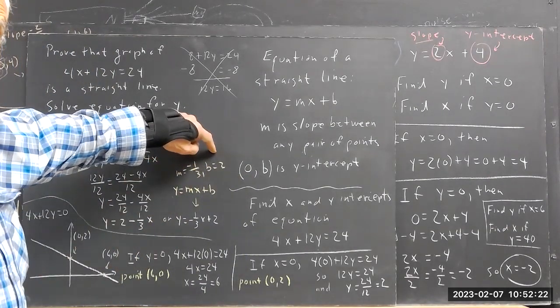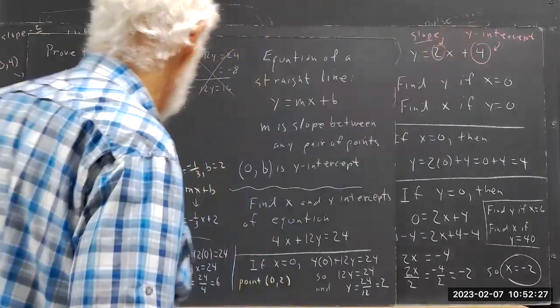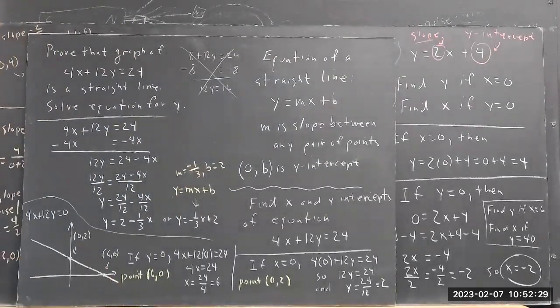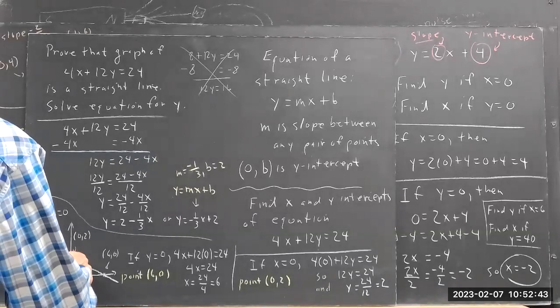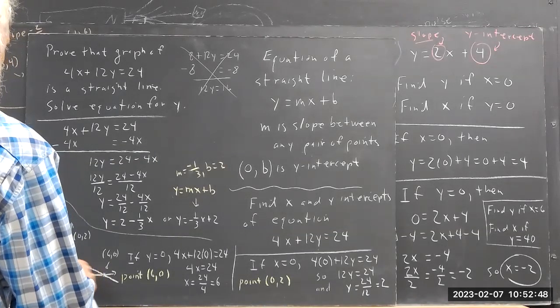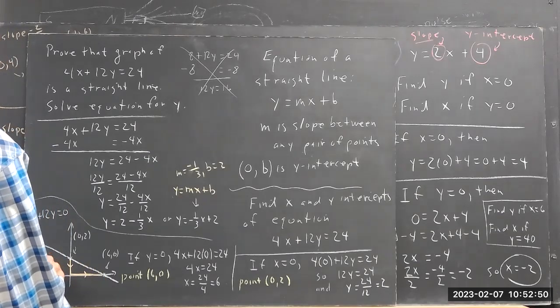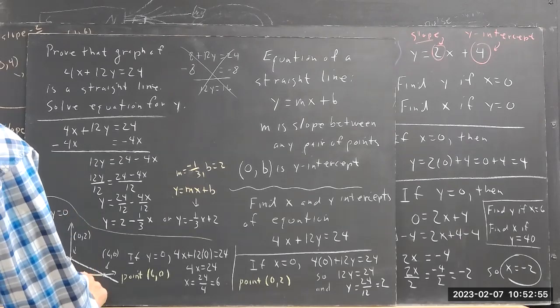Now what's b? B is the y-intercept. Look at the graph we just did. What's the y-intercept? 0, 2. Okay, so it has the right intercept. What's the slope of this graph? If we just use these 2 points, the rise is negative 2.